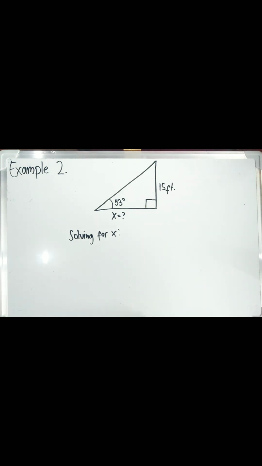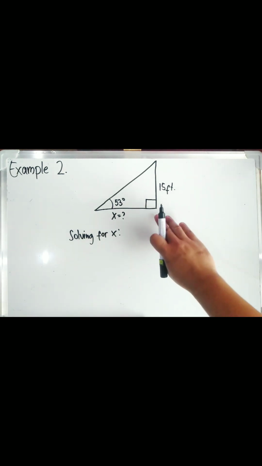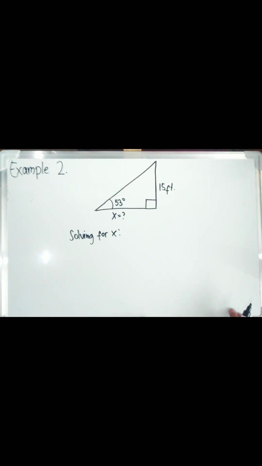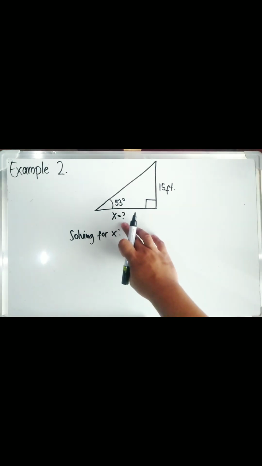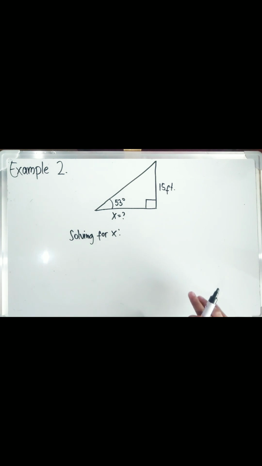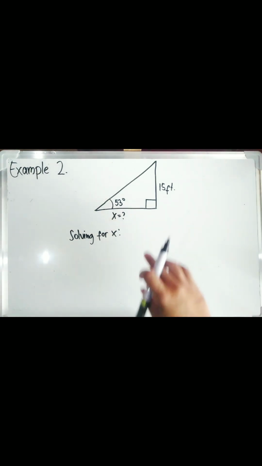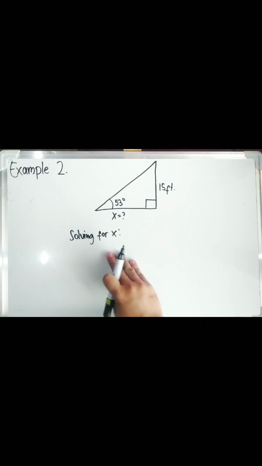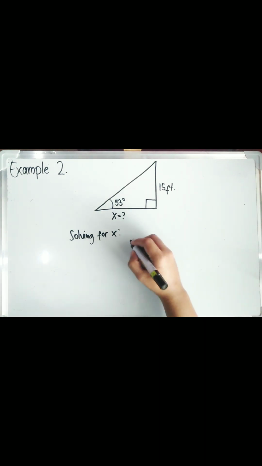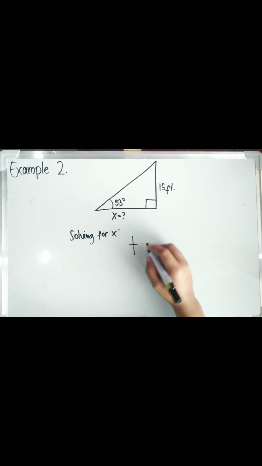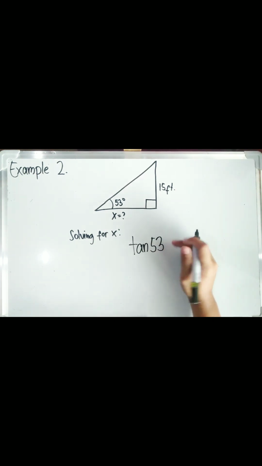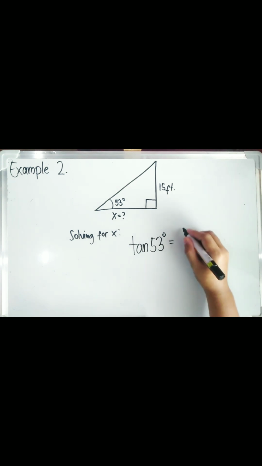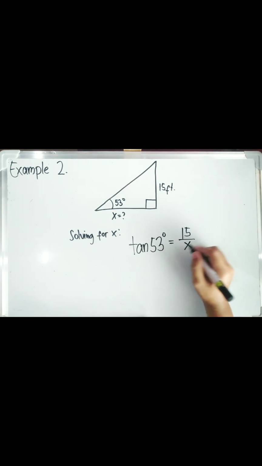So this is the solution. In this figure right here, this also describes a right triangle. x is the question mark, where x is the length of the shadow on level ground. So we're just solving for x. Tangent 53 degrees equals 15 over x.